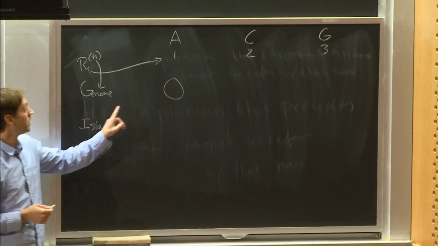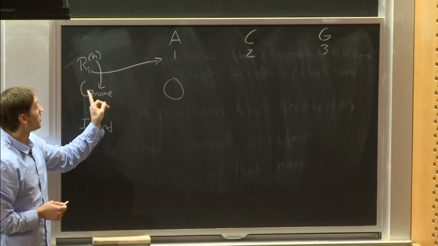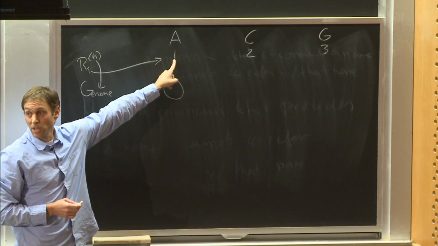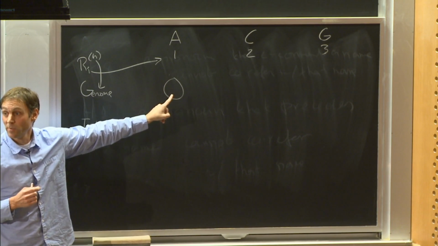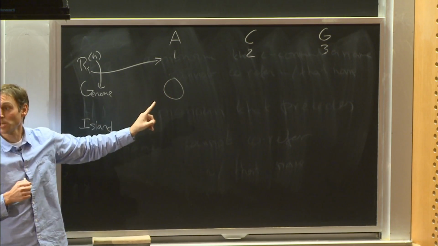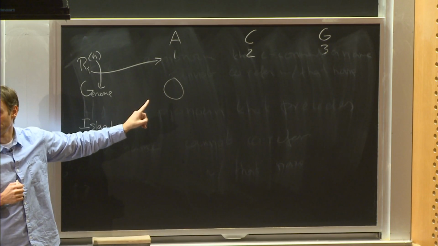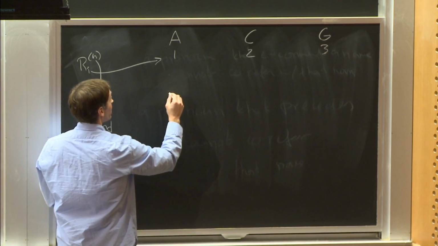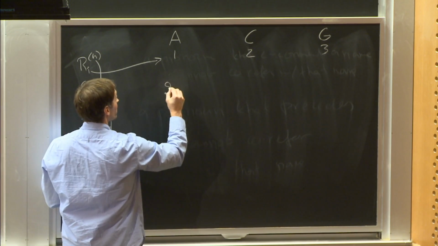Okay? So the probability of the optimal parse of the sequence up to position 1 that ends in genome is just the one that starts in genome and then emits that base. So what's the probability of starting in genome? It's 0.99999, right? That's the initial probability.